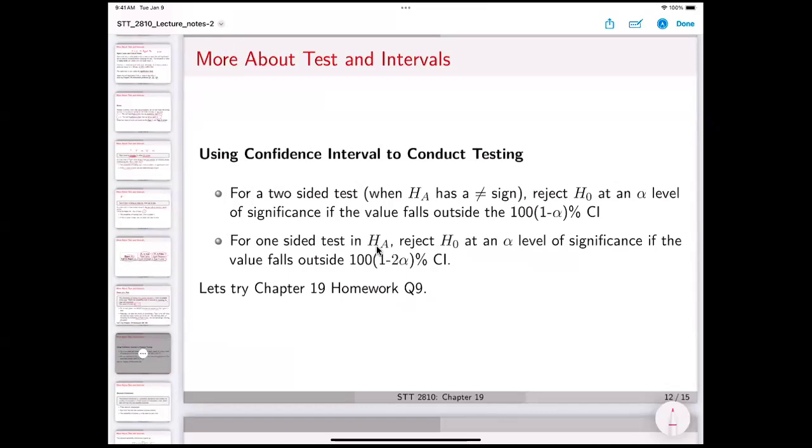If the proportion falls outside the confidence interval, what do you do? You reject the null hypothesis. Is that okay? That is for two-sided tests and the same thing. Now, we will do chapter 19 homework soon, question 9.